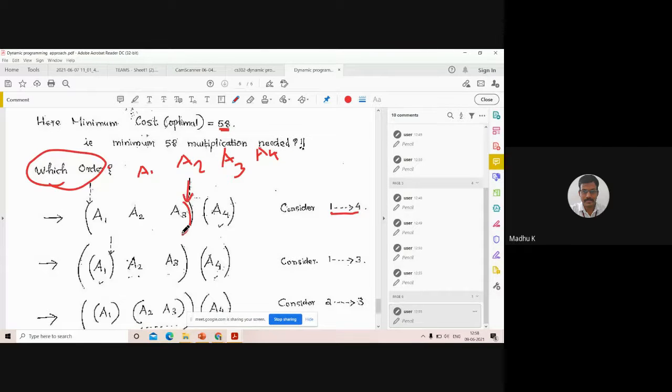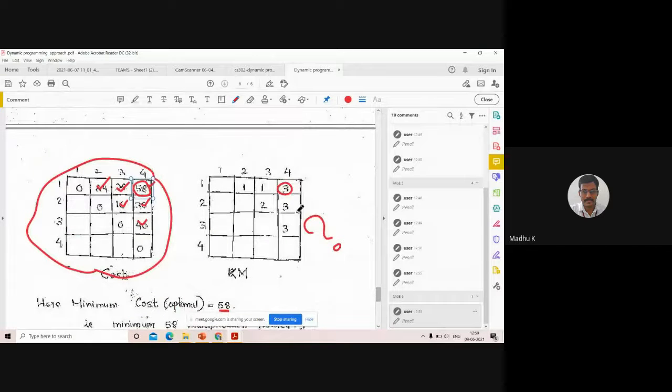I put a parenthesis here, and here also I want to put a parenthesis. Next, this is a singleton matrix, so we don't need to bother about it. Now we want to consider the 1 to 3 matrices. Here you can note the entry for 1 to 3 is 1.